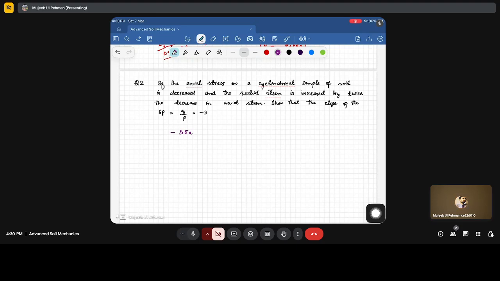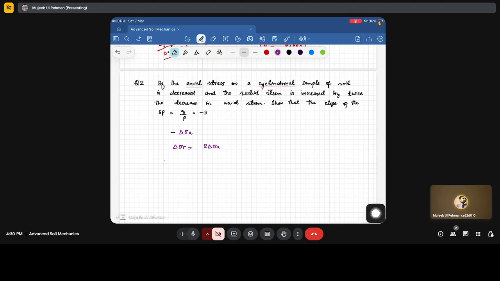We represent it by minus delta sigma A, and the radial stress delta sigma R has been increased by twice the decrease in axial stress, so 2 times delta sigma A. Now we have to show that the slope of the line is minus 3.